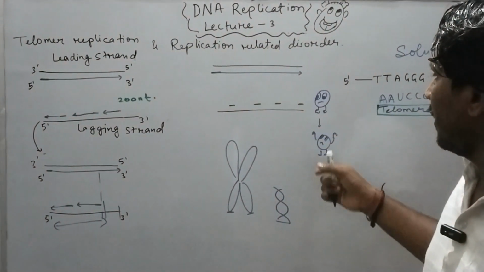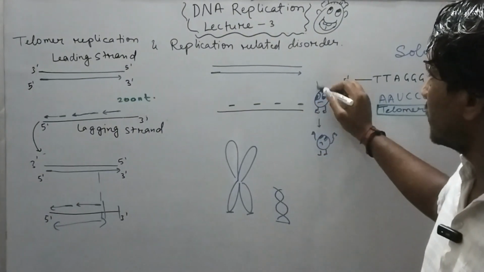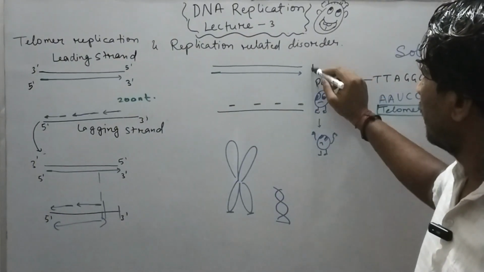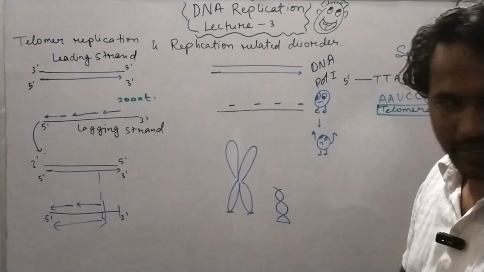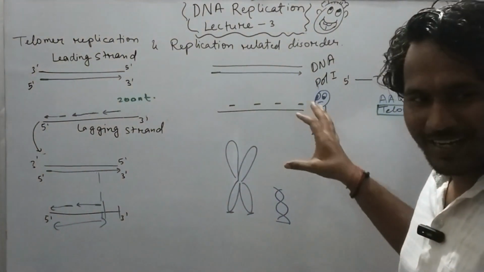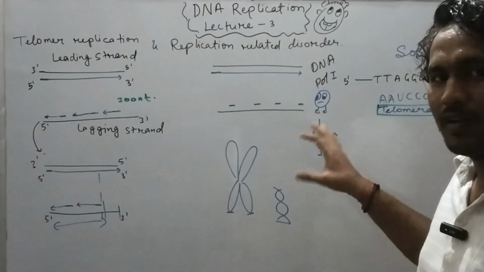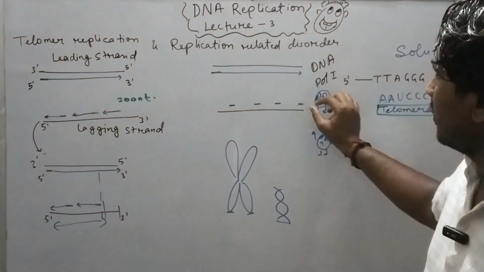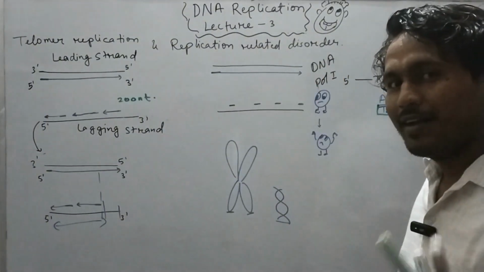But this DNA polymerase needs a strand on which it will stand. It cannot stand in the air, or in the cytoplasm or nucleoplasm. It needs a strand at which it will stand. Are you getting my point?